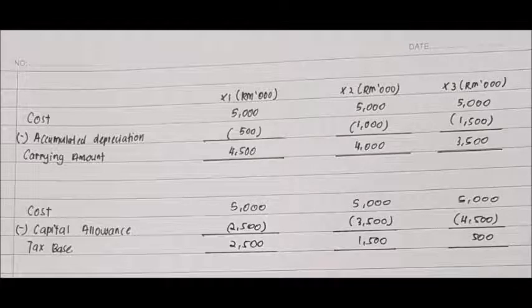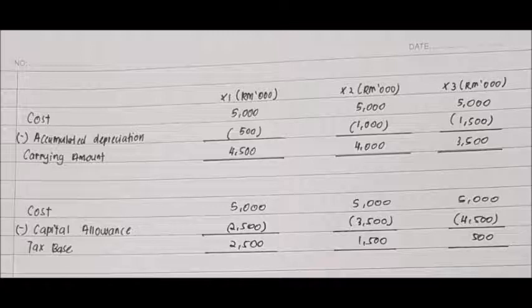Next, tax base computation, same as accounting base, for 31st December X1. The tax depreciation is 50%, so we take 5 million ringgit minus tax depreciation of 2.5 million ringgit, equal to 2.5 million ringgit. For X2, tax depreciation is 20%, so 5 million ringgit minus 70% tax depreciation, which is 3.5 million ringgit, equal to 1.5 million ringgit.